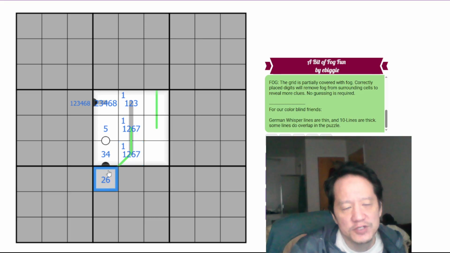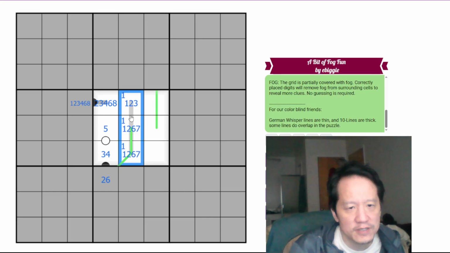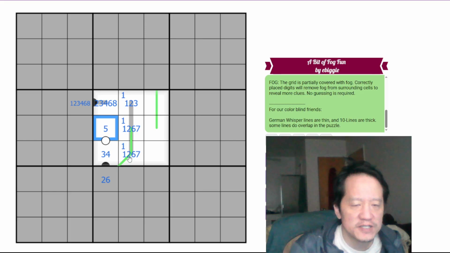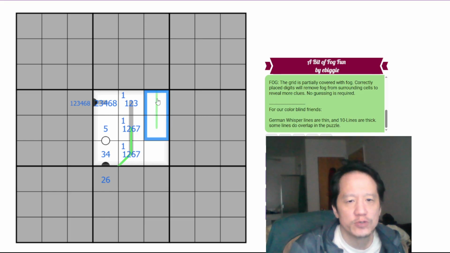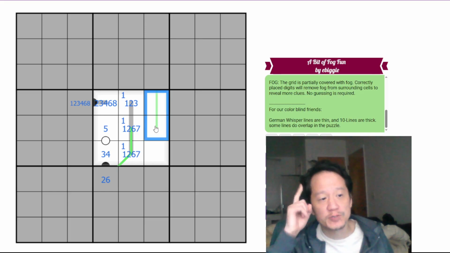So you could have 6 here and 3 here, except that if you have a 3 here, obviously this can't be 1, 3, 6, so it's 1, 2, 7. But the problem is 3 can only be consecutive with 2 and 4. If this was 3 and 4, this is 1 and 2. There's no low left for this German whisper line. And, okay, specific point.